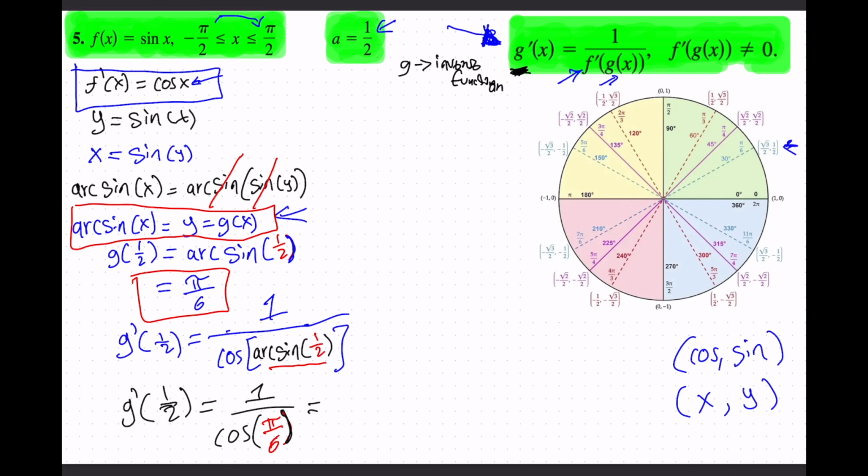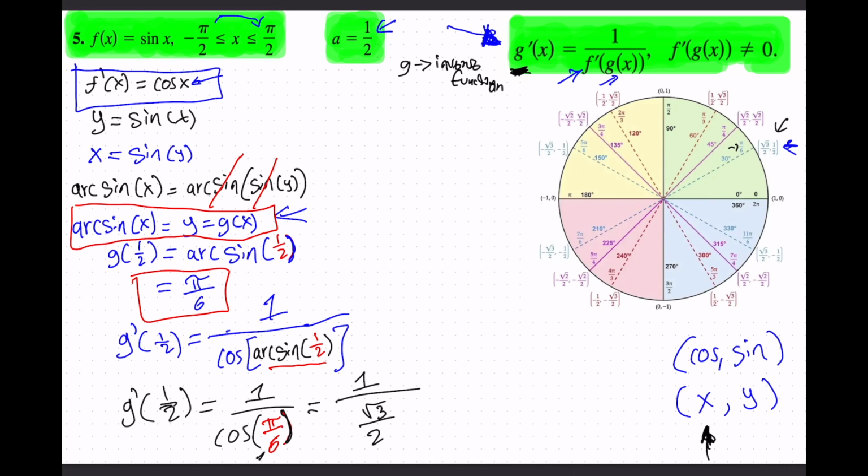And now we know that this is equal to 1 over cosine of pi over 6. Once again, cosine is on the x side, and pi over 6 is here in the first quadrant, and that is equal to the square root of 3 over 2.